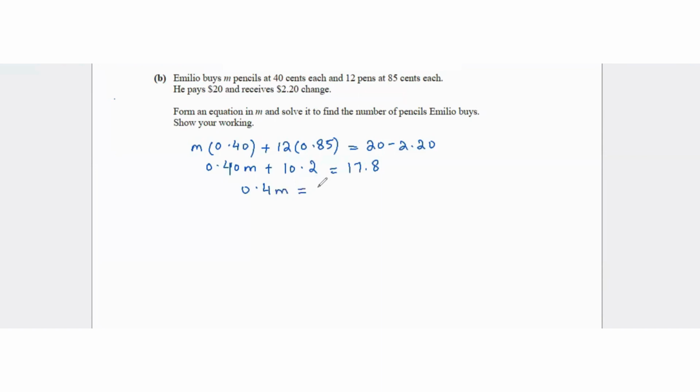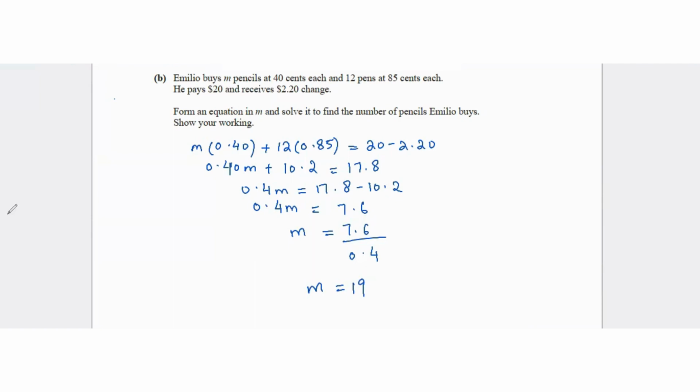So 0.4m equals 17.8 minus 10.2, which is going to give us 7.6, and m equals 7.6 divided by 0.4, which is going to give us 19 as the value of m.